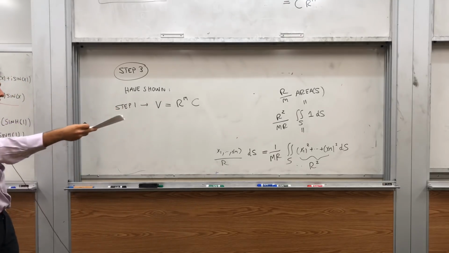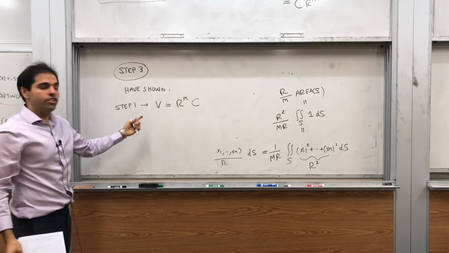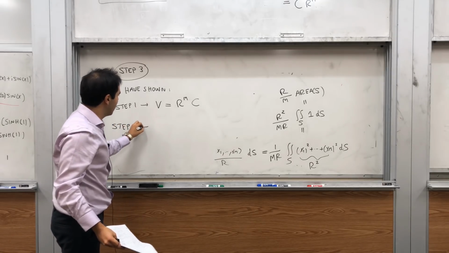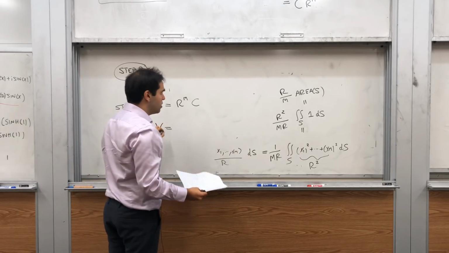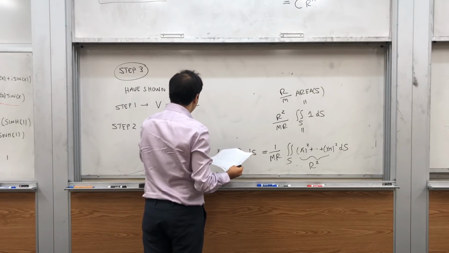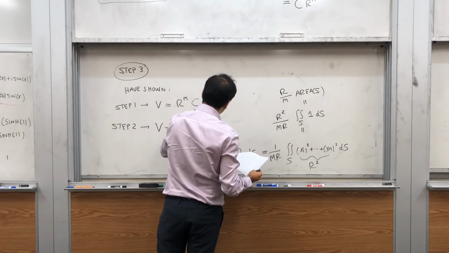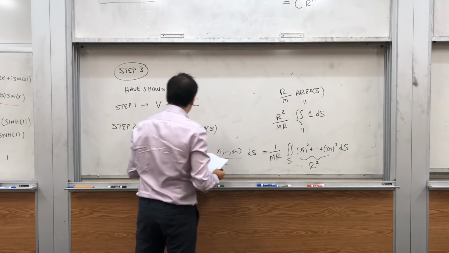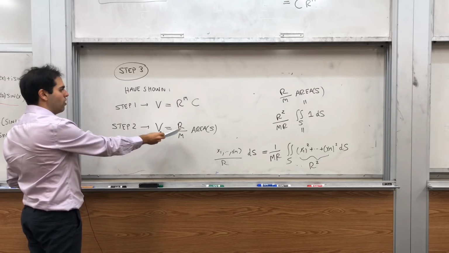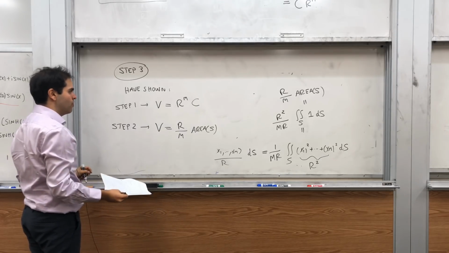We did that with a change of variables. On the other hand, in step 2, by using the divergence theorem, we've shown that the volume is precisely R over m times the area of S. In other words, the volume is R over m times the surface area.